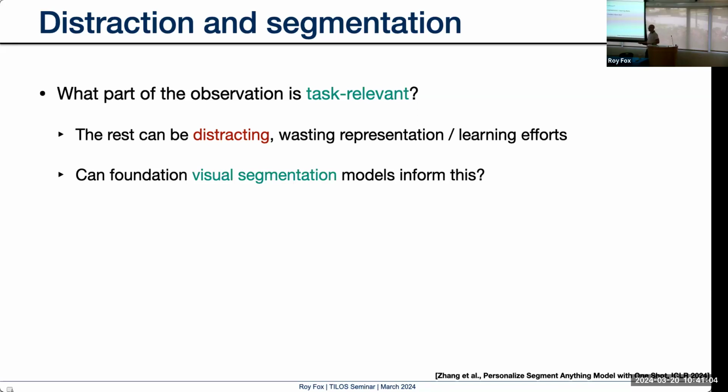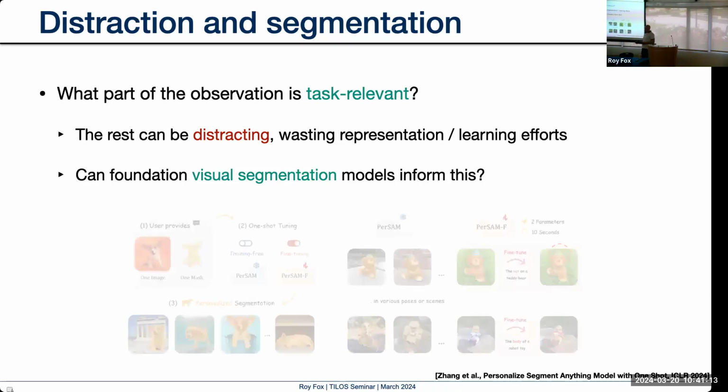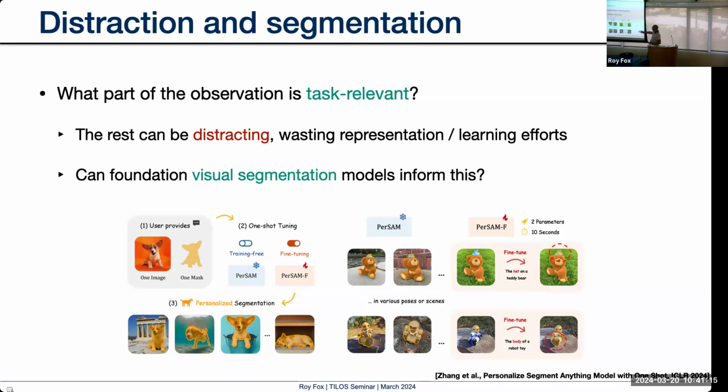Can we have a foundation model that does visual segmentation to focus on the part of the observation that is relevant for our task? So here's one foundation model. I'll go over it quickly. It's called Personalized SAM. What you do is you give just one shot example of an image and its segmentation, its mask.